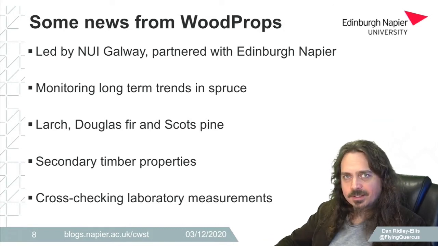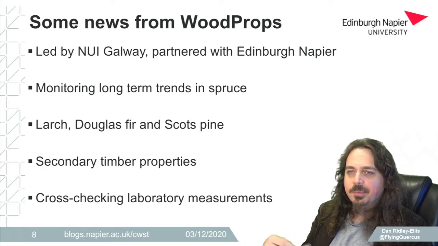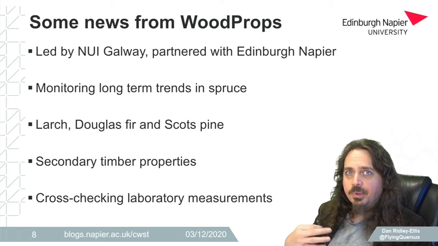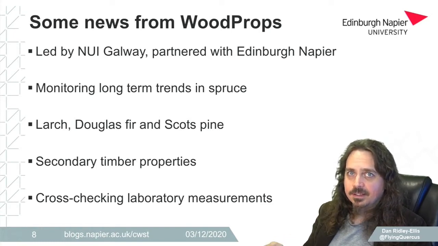They've been looking at secondary timber properties, particularly tension strength of spruce. This was something that got reduced in an edit of one of the standards, and it's a small data set that NUI have been able to do because tension testing is difficult, but it looks like the timber is better than the standard currently says that it is.